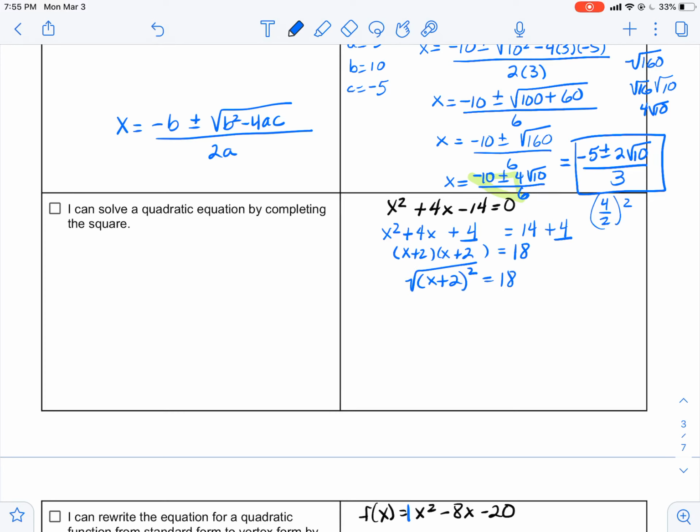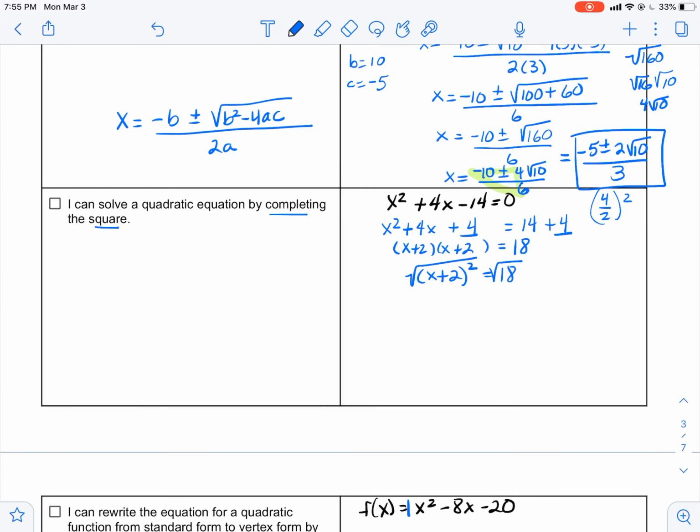I'm now going to square root, which is why we call it completing the square, because I want that a square. I get x plus 2 equals plus or minus the square root of 18. Again, I'm going to come over and simplify that. And so that is 9 and 2, which is 3 square root of 2.